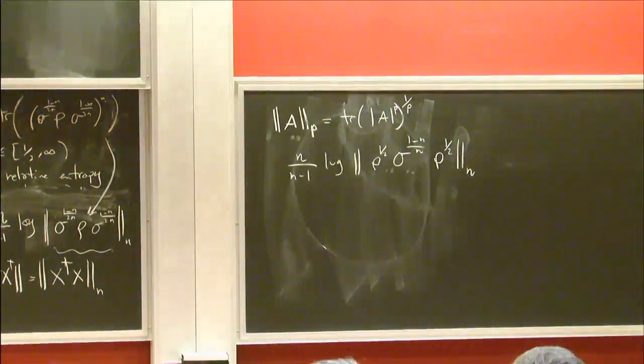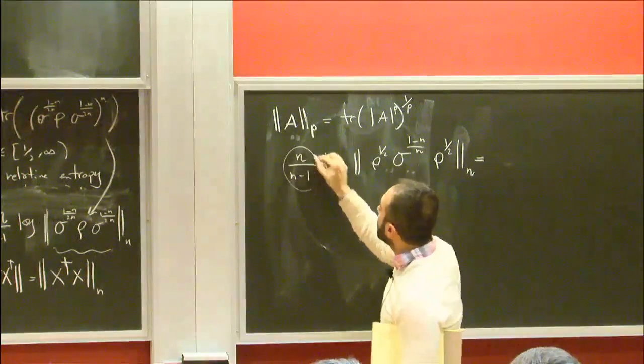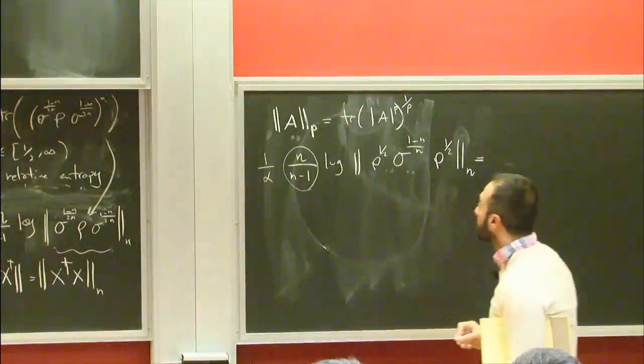Now let's do one last redefinition, which is to just define this to be 1 over alpha. It's just a reparameterization.